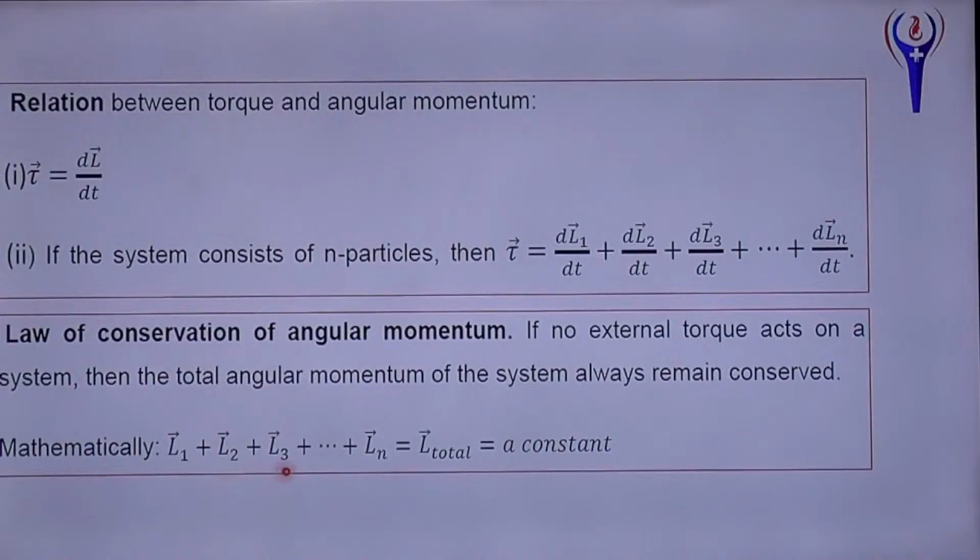L1 plus L2 plus up to Ln, the total L, is a constant. It is the same as the law of conservation of linear momentum and law of conservation of energy. Total angular momentum is constant.